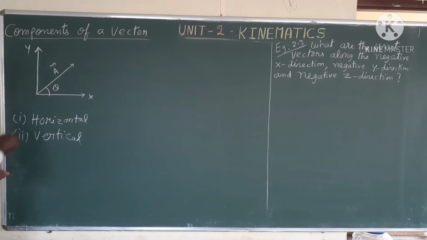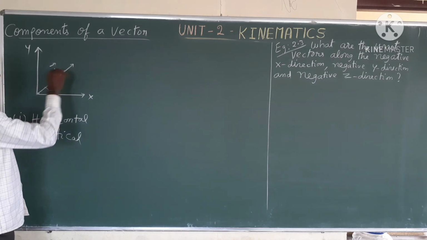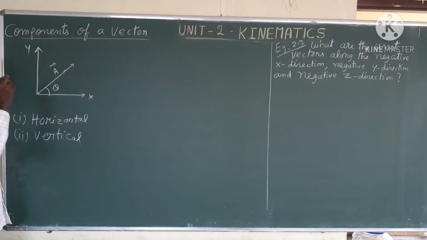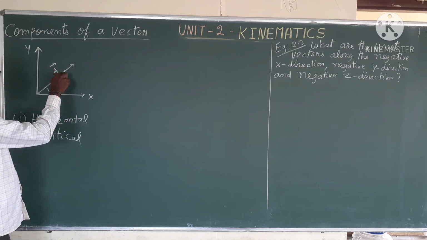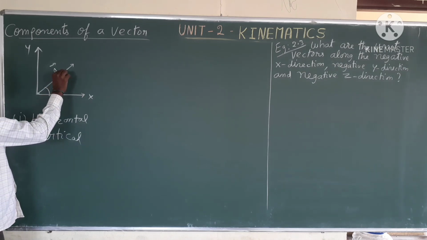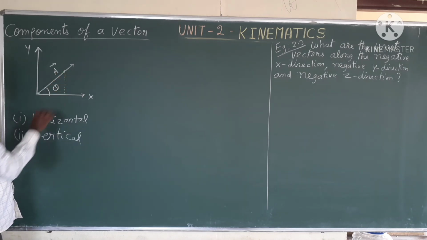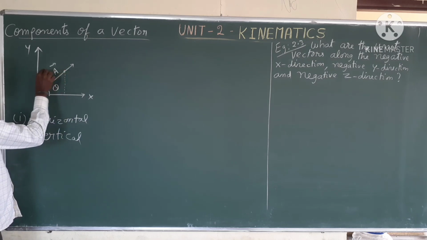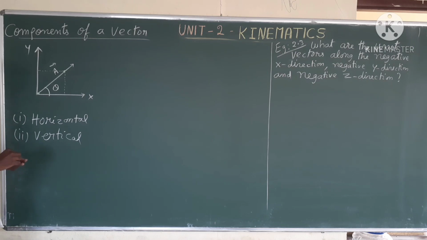Now, for example, an object is here. Now, if this object moves in this space, now I want to find out the position of this object. For that, what I should do? Just draw a perpendicular line along x-axis. Like that, from here, you draw a perpendicular line towards y-axis.